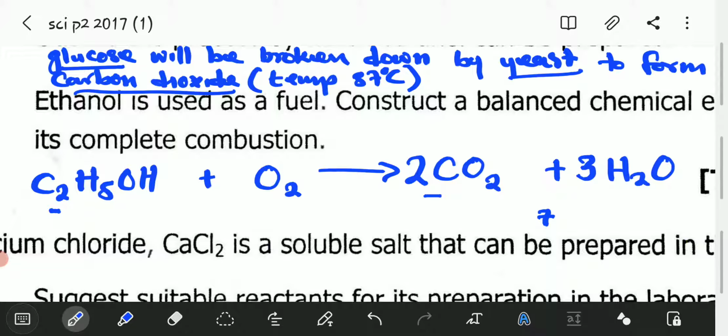Now, in these compounds containing oxygen, this one only contains 1. So we need to change these 2 oxygens to have 6, so that 6 plus 1 gives us 7. So we are just going to add a 3 there, so that it's 3 times 2, 6. 6 plus 1, 7, which is the same as there. With that being said and done, this becomes our balanced chemical equation.